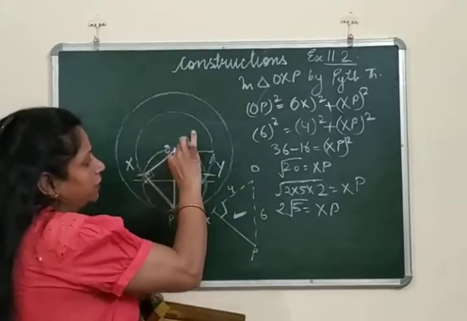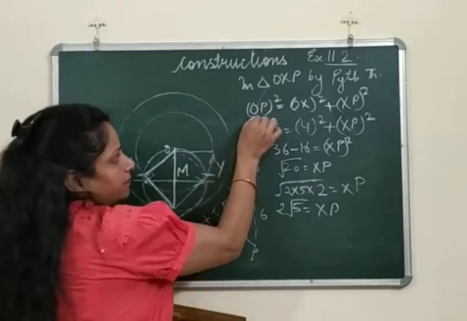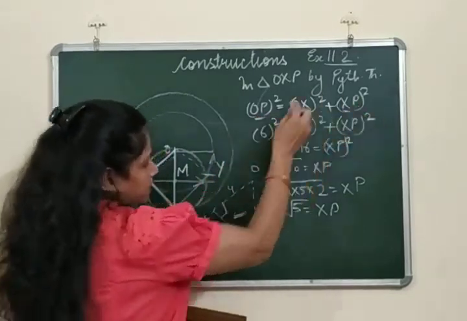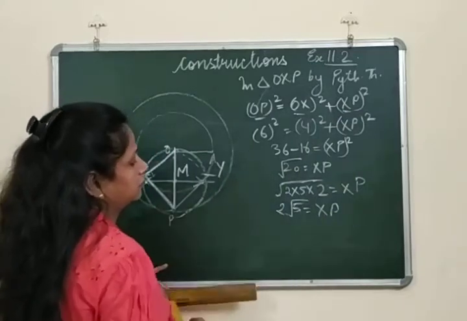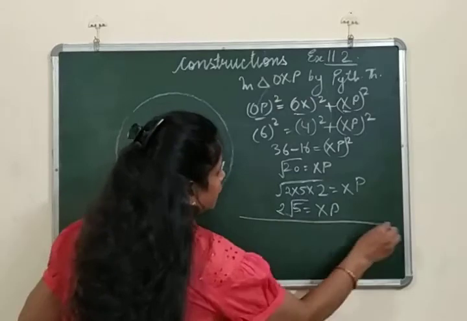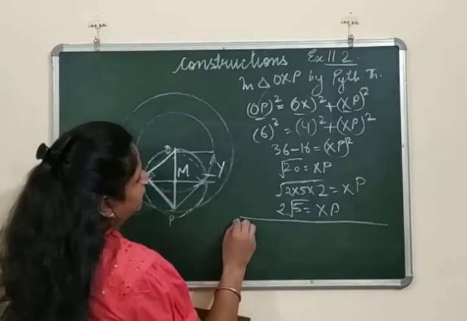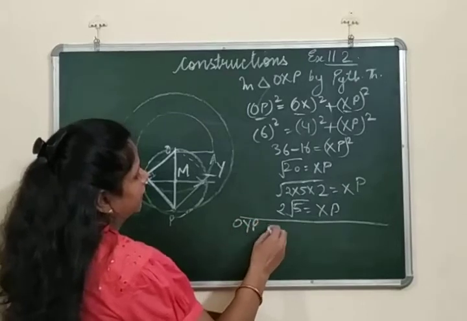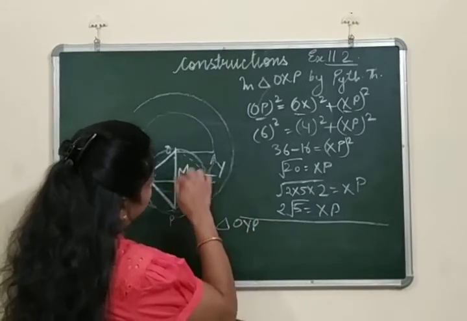Similarly, you can do it for the other triangle OYP. Everything remains the same. OP, OX, XP. इनके बदले आपको क्या करना है? What you have to do? इस वाले ट्राइंगल में क्या रहेगा? सेम रहेगा. ट्राइंगल कौन सा लिया आपने? OYP. और लगाया क्या आपने? पाइथागोरस, which is the hypotenuse.